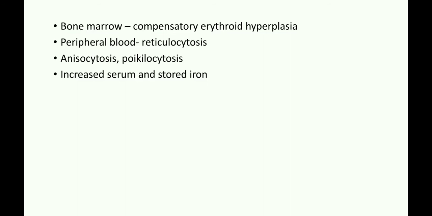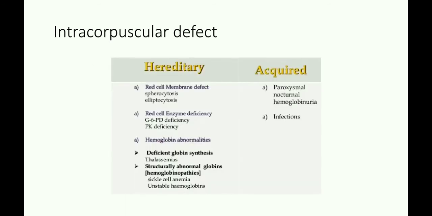But the size and shape of the RBC can vary, so there can be anisocytosis and poikilocytosis. Since there is destruction of the RBC, there can be an increase in the serum iron, and this iron released into the blood can also be stored by the cells. So there is an increase in the serum iron and in the stored form of iron.